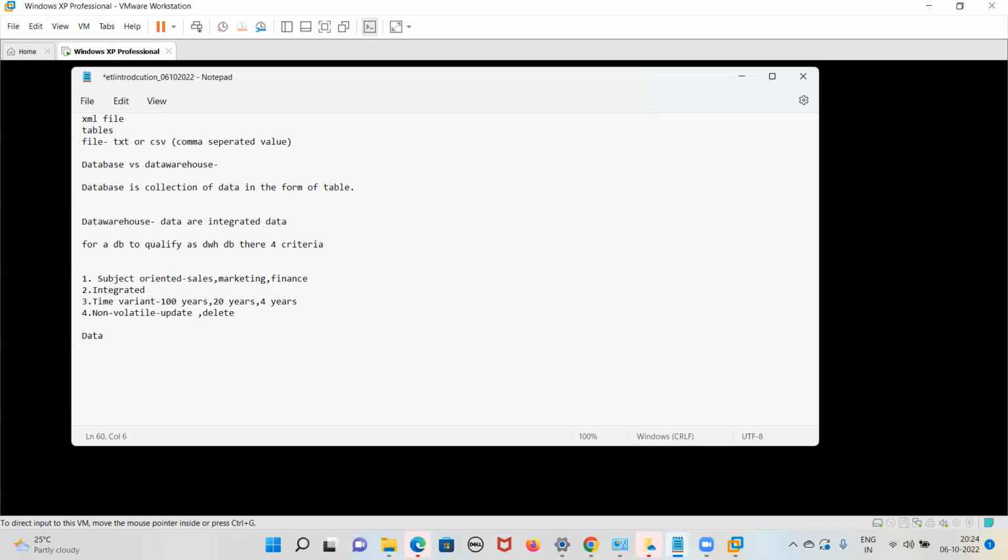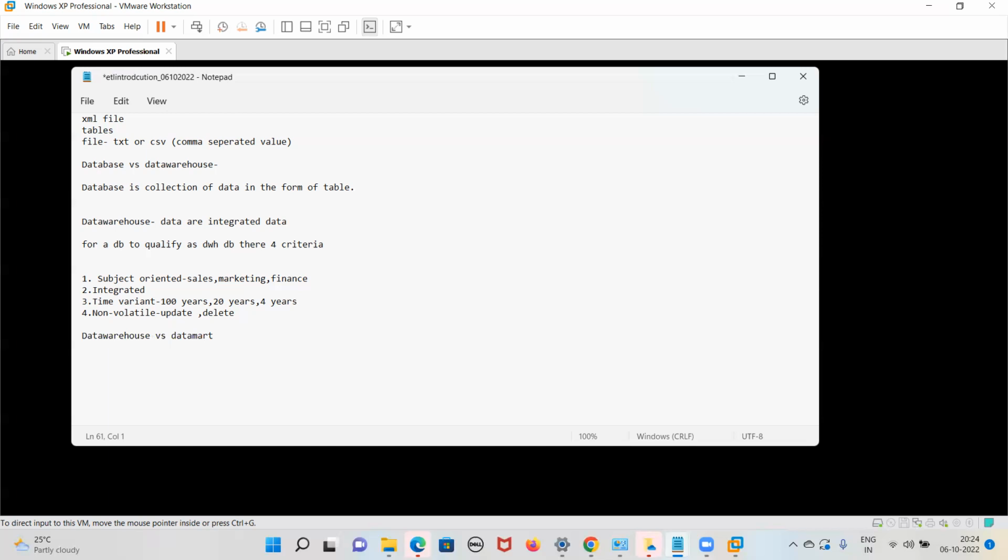Then there is something called a data mart, guys. Again, people get confused between data warehouse and data mart. People think both are the same. No, both are different. The difference is that a data mart is a subset of a data warehouse.